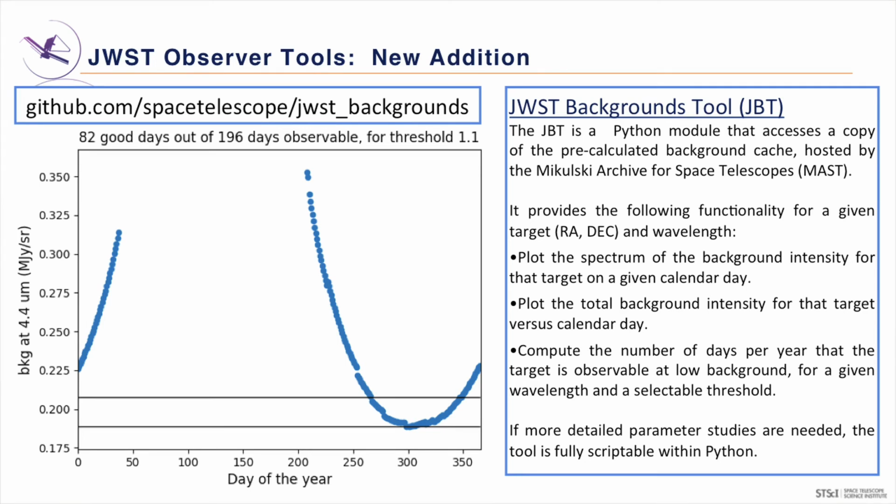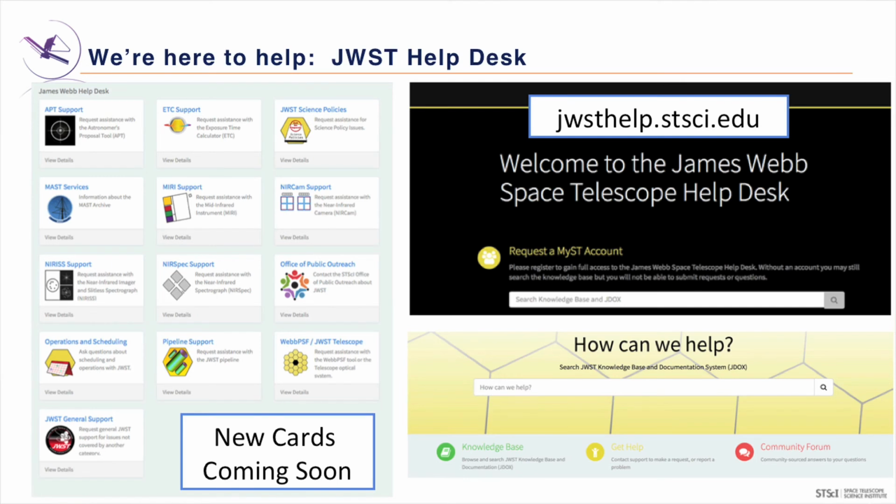So if your program is really background limited, you can find the days where you have the lowest levels of background and put that in as constraints in your proposal. So check that out, download it, play with it. There are a lot of tools, and it's kind of overwhelming at times. It's overwhelming for me, but I want to reassure you that we're here to help.